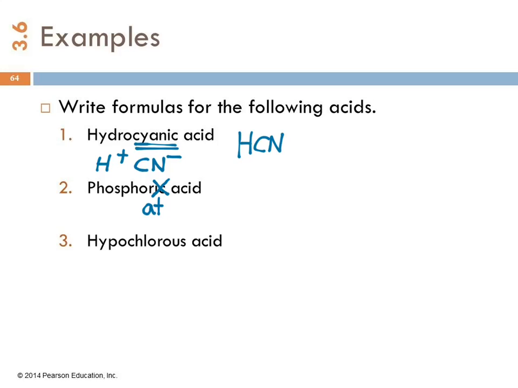Ate. Now, with sulfur and with phosphorus, there's a syllable that kind of appears and disappears sort of randomly, or actually just disappears when we go back to phosphate. So what's the formula for phosphate? PO4 3 minus. So how many hydrogens does it need? 3. So the formula for phosphoric acid is H3PO4.